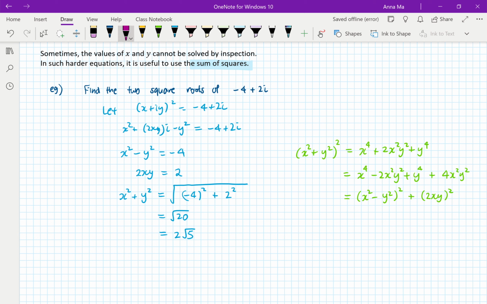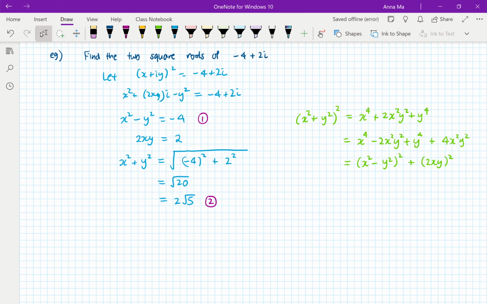And if those are my equations, I can use this one and this one to solve for x and y very easily. Because if I add those two equations, I would get the y eliminated, and I get 2x squared is equal to negative 4 plus 2 root 5. If you divide both sides by 2 and square root it, you get x is equal to plus minus root of (-2 plus root 5).